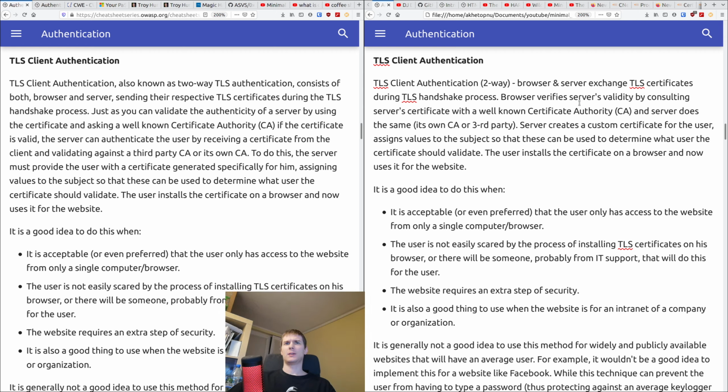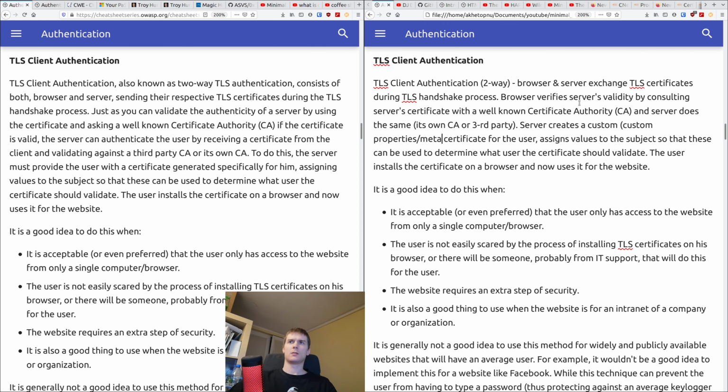Do they mean assigning certain properties to the certificate, like metadata, so that this can be used to determine what user the certificate should validate? Okay, so the server creates a custom certificate with custom properties and metadata for the user, determining what user the certificate should validate.